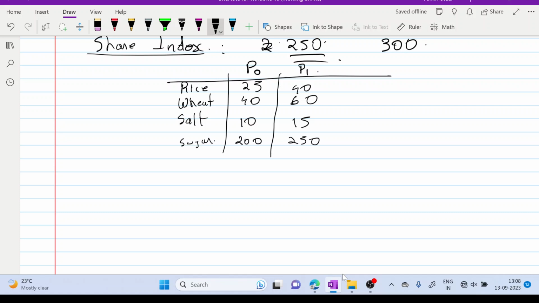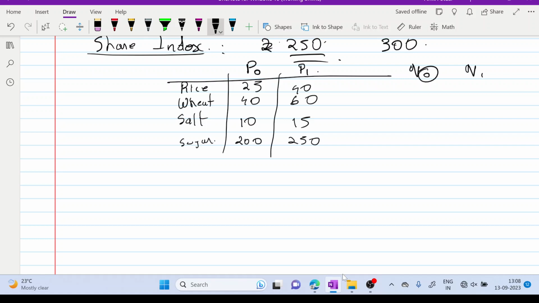So if it's prices, it will be denoted as P0 and P1. If it's quantities, they will be denoted as Q0 and Q1. So that 0 over here means the base year. We call it as the base year. P0 is the base year. Q0 is the quantities in the base year. P1 is the prices in the current year or the year that you are considering. And Q1 is the quantities in the current year. So these are the notations.